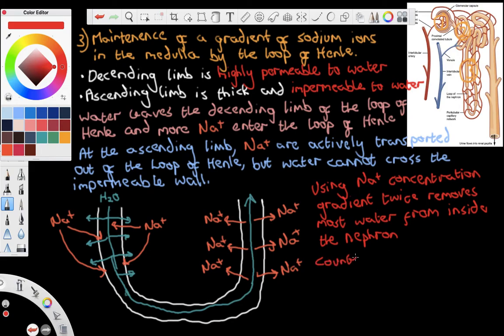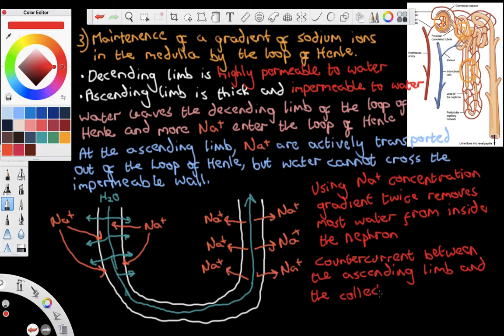So countercurrent between the ascending limb and the collecting duct ensures that water leaves the nephron.